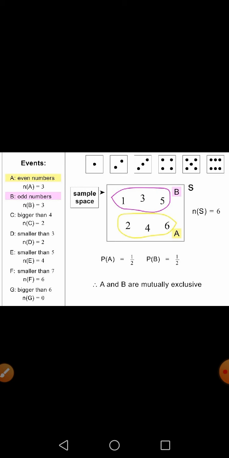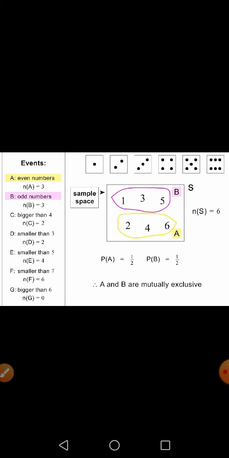If I have here probability of A and probability of B, probability of A is half and probability of B is half. Are A and B mutually exclusive or not mutually exclusive? The meaning of mutually exclusive is that it can't happen at one time or in one event.